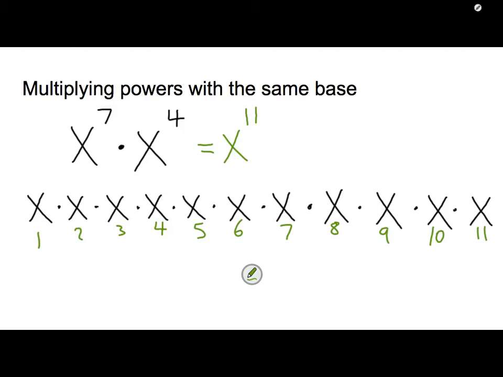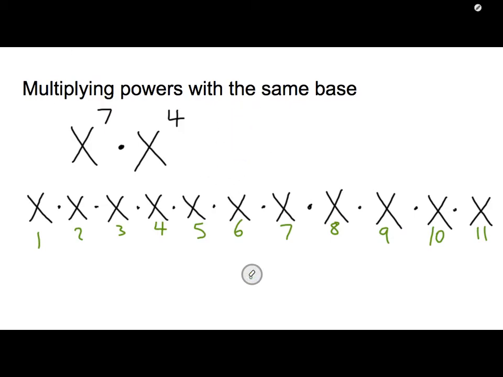Now, there's probably a faster way, right? Like if we had some really huge numbers for exponents, maybe some 3-digit exponents, this would be kind of annoying to do. And there is a little shortcut.